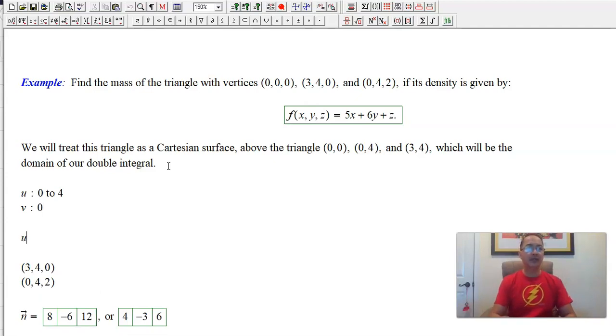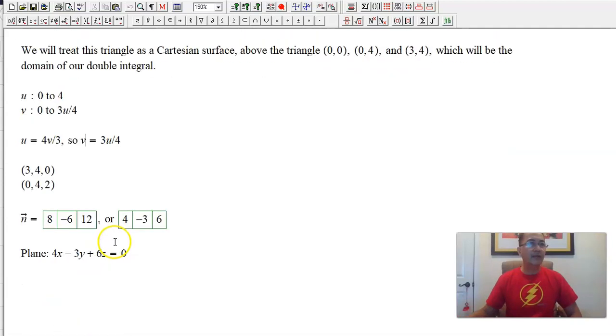The equation would be u equals, what's the slope? 4/3, so u equals 4v over 3. Solving for v, v is 3u over 4. So v is going from 0 to 3u over 4. That is our parametrization. Yes, the slope is 3 over 4, makes sense to me.